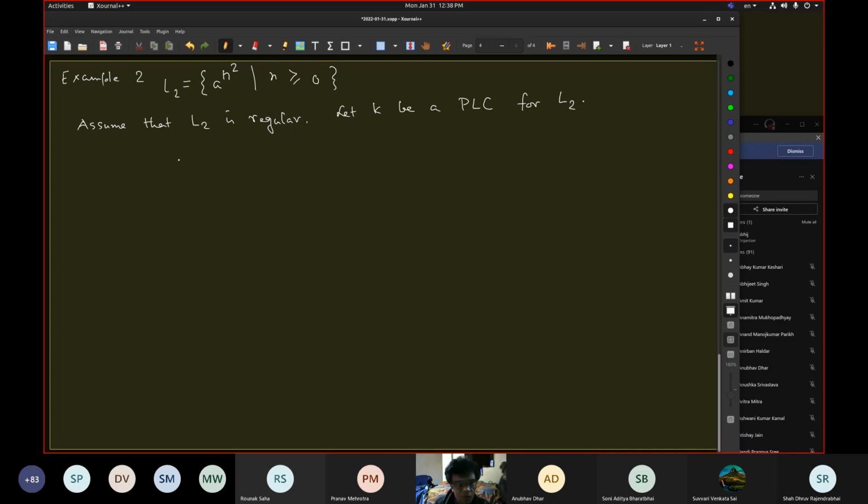In other words, you have to choose U, V, and W. In this case, take U equal to empty, V equal to a power K square, W equal to again empty. This is step 3. And you note that for a positive integer, K square is greater than or equal to K. So you are making this move as per the rules of the game. K square is greater than or equal to K for all K.